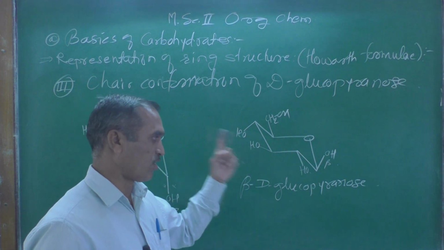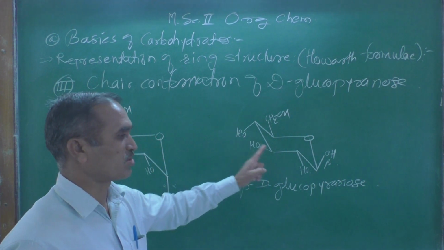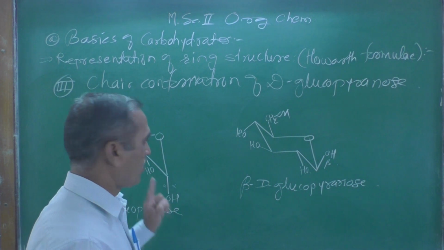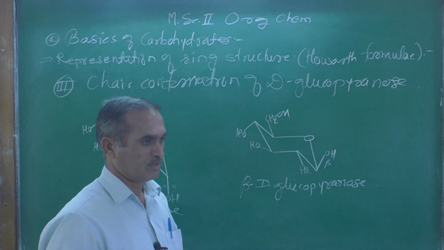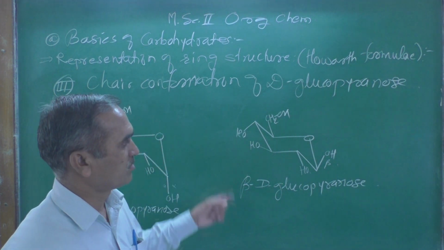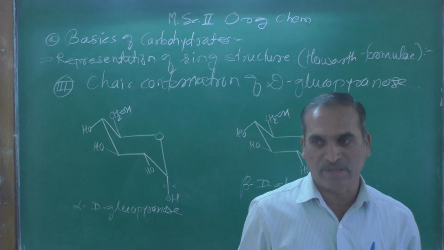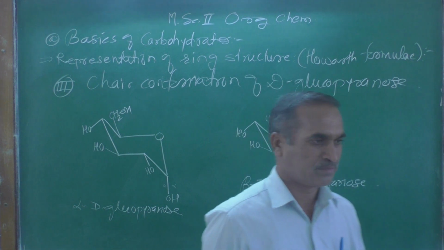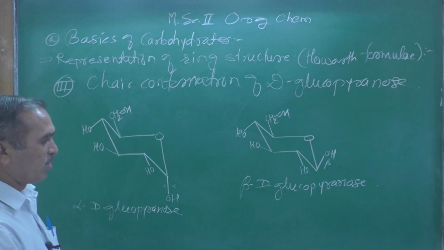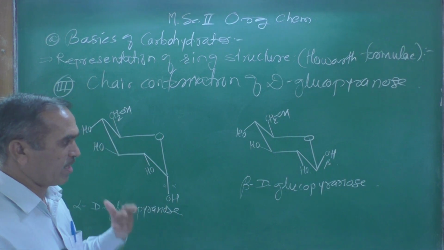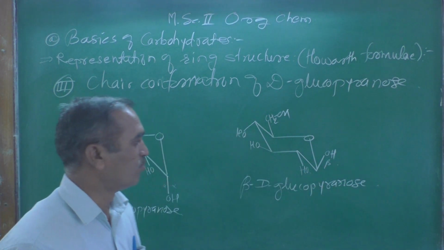By our previous knowledge we can say the beta form is more stable than the alpha form, but remember that is not the case here. We are going to consider all the other factors, and then we can make a correct statement about whether alpha D-glucopyranose or beta D-glucopyranose is more stable.